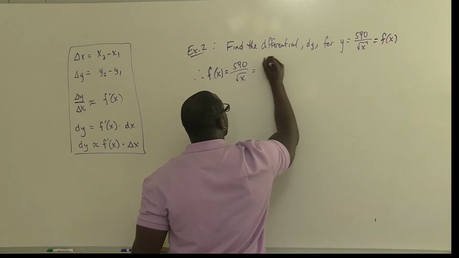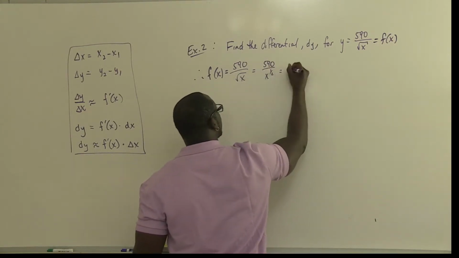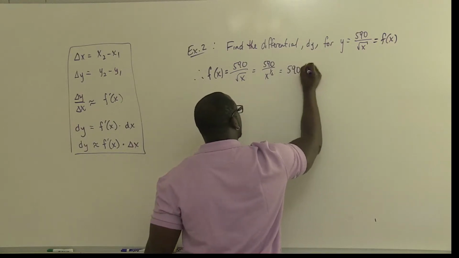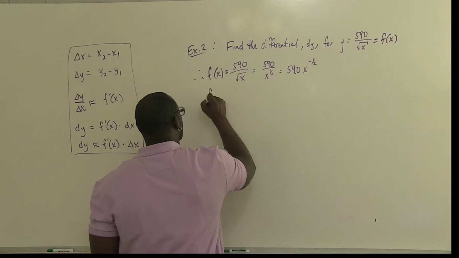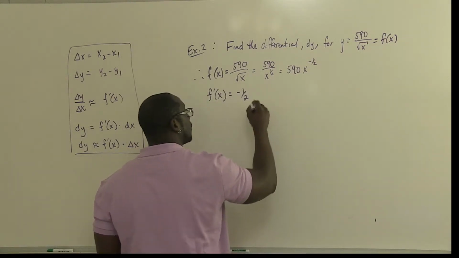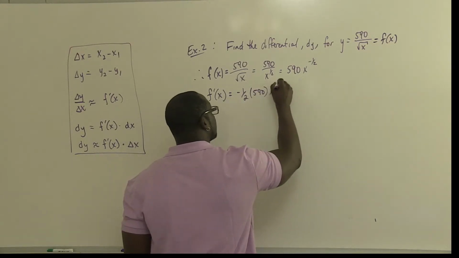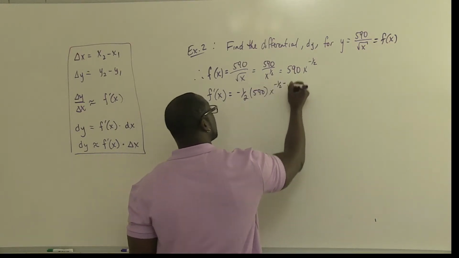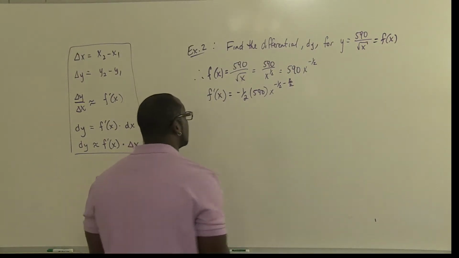We know that this can be rewritten as this over x to the 1/2, which is 590x to the negative 1/2. So if we take the derivative, we have negative 1/2 times 590 times x to the 1/2 minus 1, and we'll write 1 as 2 divided by 2.